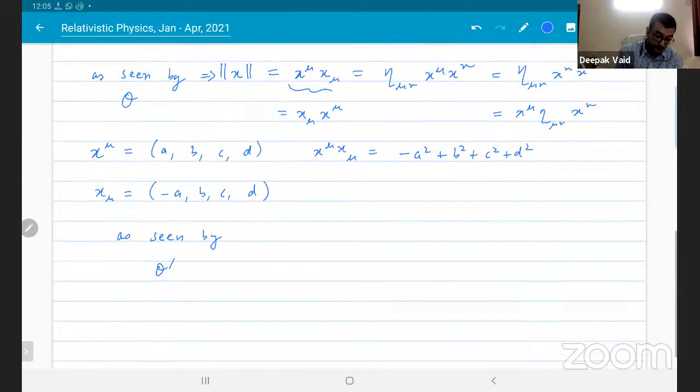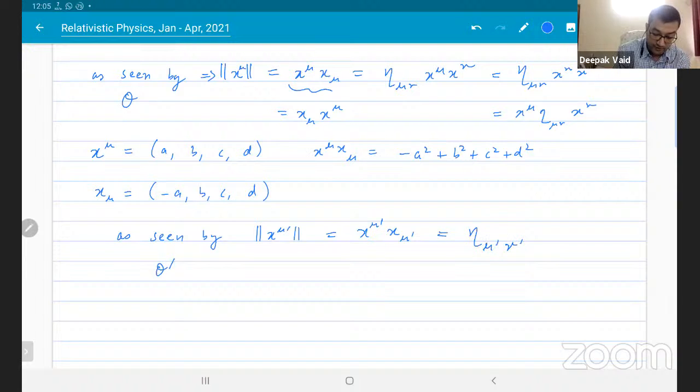What happens? Well, this will be x^mu prime. Now you might think that, if I want to write the same expression, I should write it with respect to the metric, this Minkowski metric.